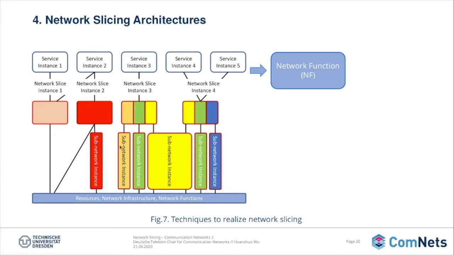It's the middle part in this figure. And these independent networks are configured to effectively meet different service requirements. So these service requirements are from the top part of the service instance.